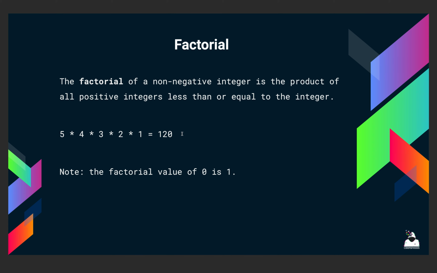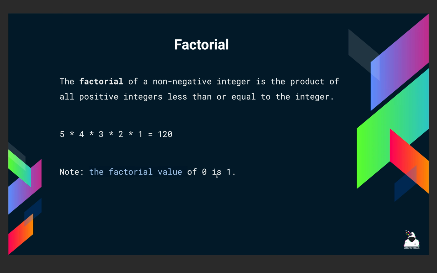So right here, the factorial of 5 is 120 because we count down to 1 and multiply by each one, so it'd be 5 by 4, 20 by 3, then 60 by 2, and then 120 by 1 to get 120.